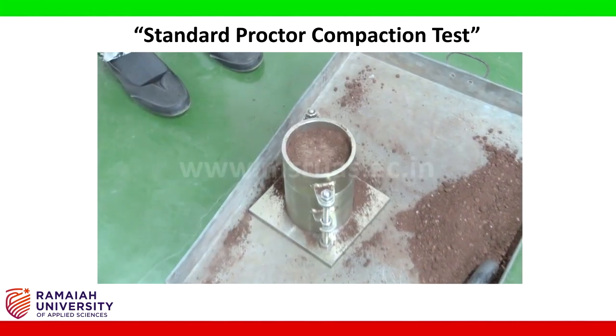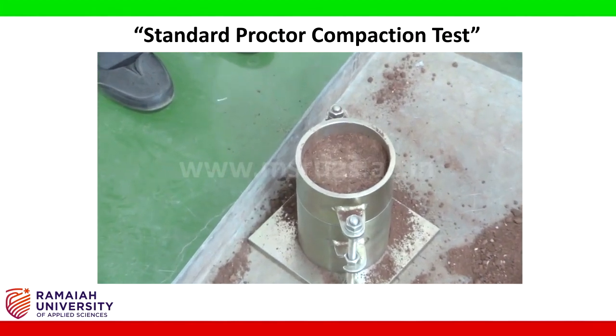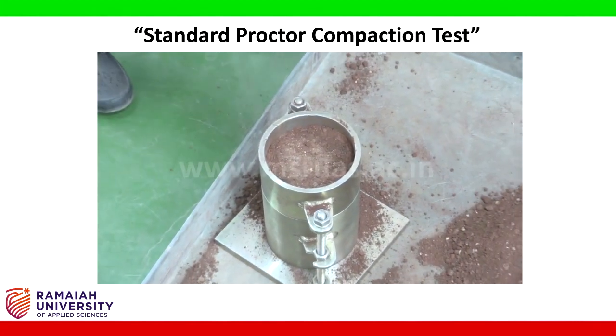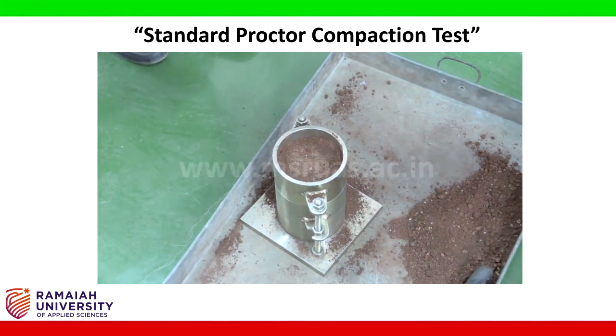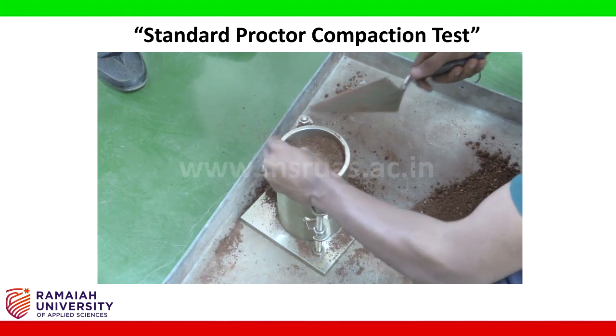After giving 25 blows to the third layer also, now clean the outside surface of the mold as well as the base plate, and then we can remove the collar.